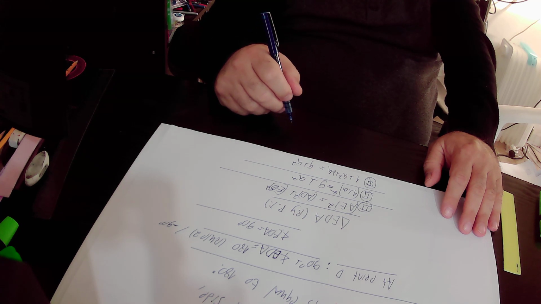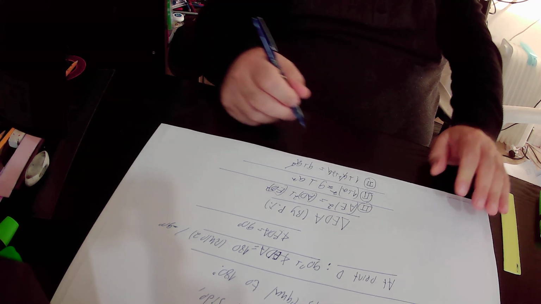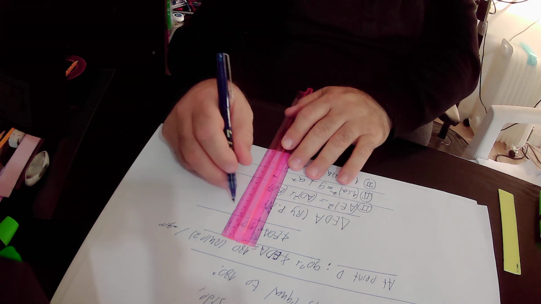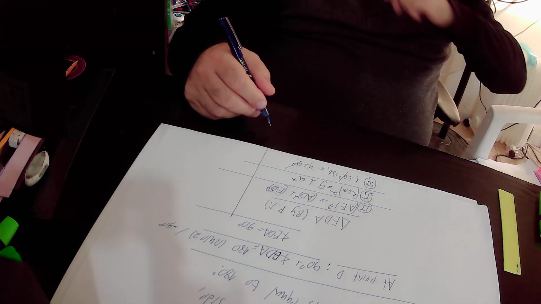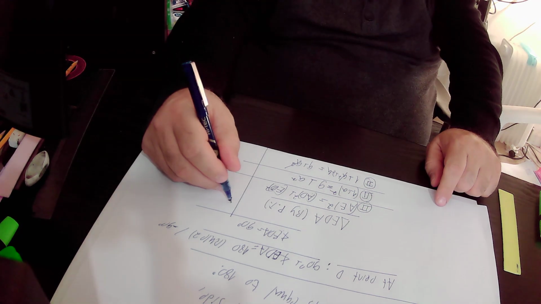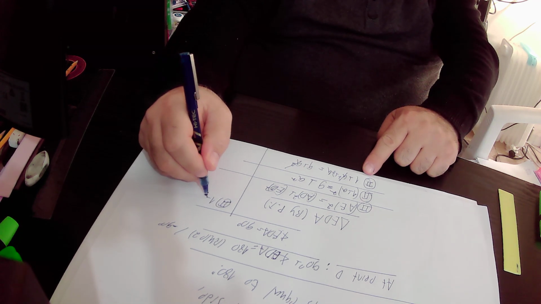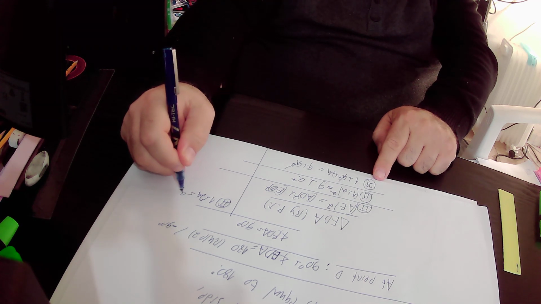Here we have A squared on both sides of equation number 2, so A squared will get cancelled. And we're left only with 1 plus 2A, that is equal to 9.